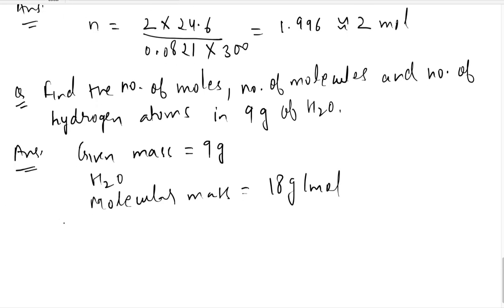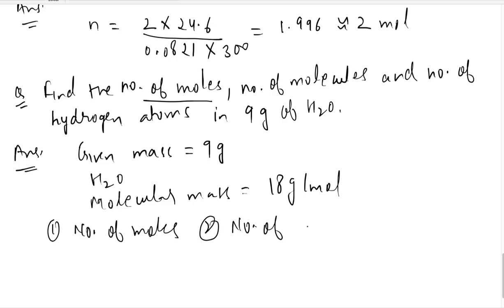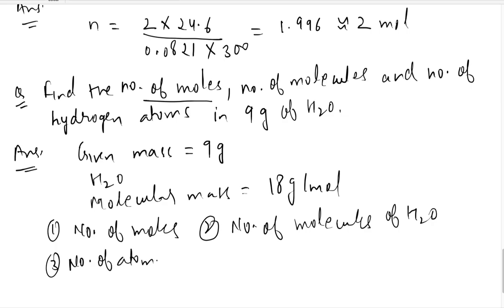We are supposed to calculate, first, the number of moles, secondly, the number of molecules of water, and thirdly, the number of atoms of hydrogen.